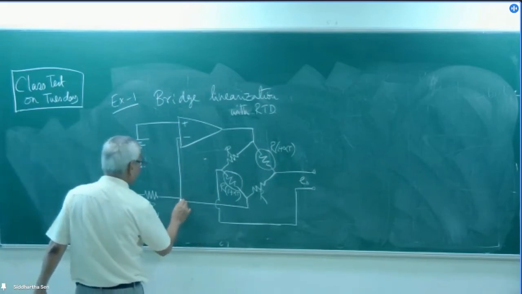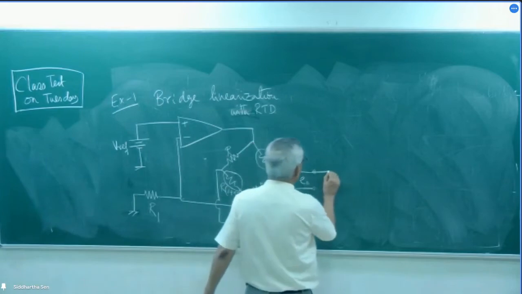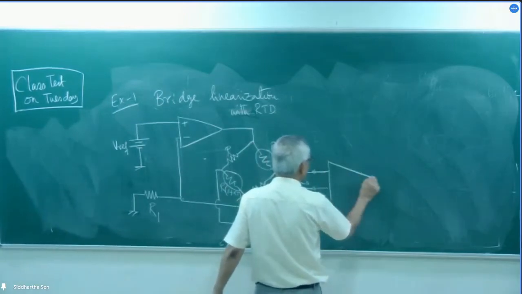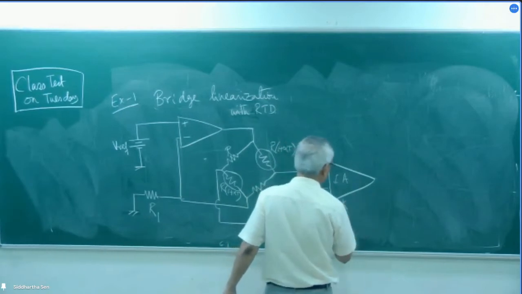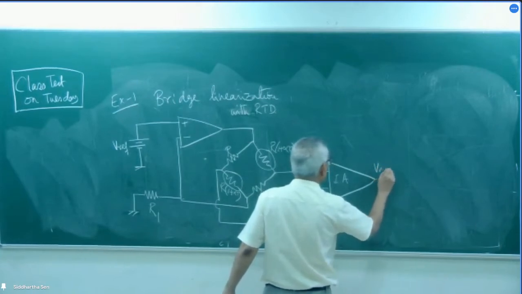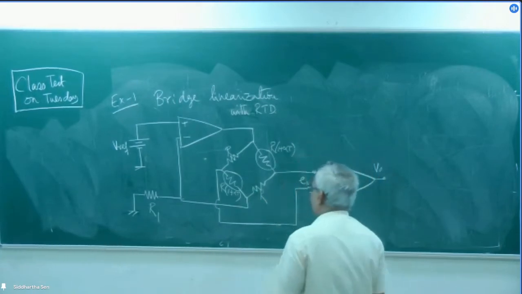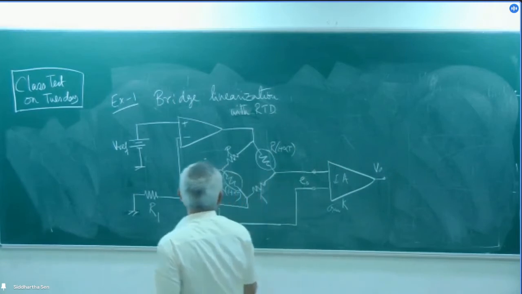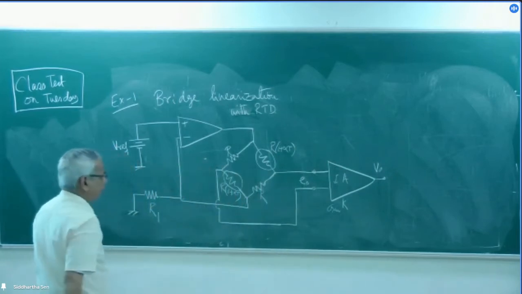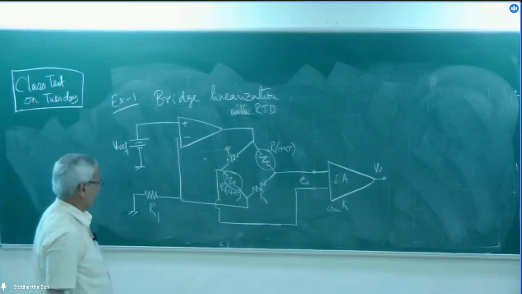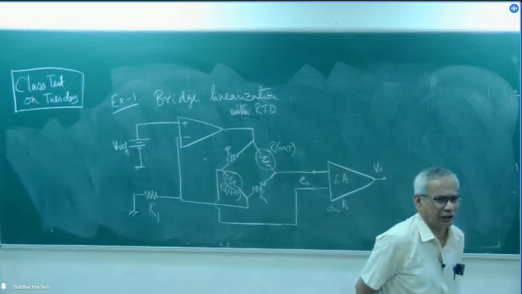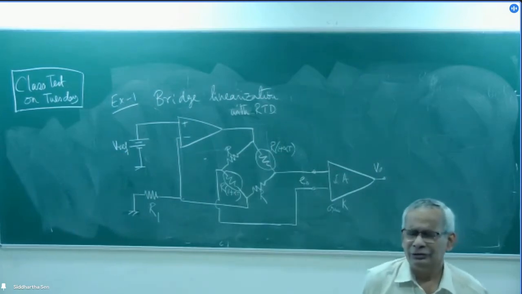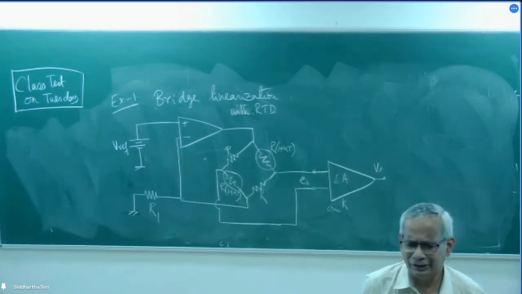Say, suppose at this point I can put an instrumentation amplifier of gain K. So can you find out what is the value of V0 in terms of the temperature? So I claim, definitely you are clear about my intention, that it will make it linear.